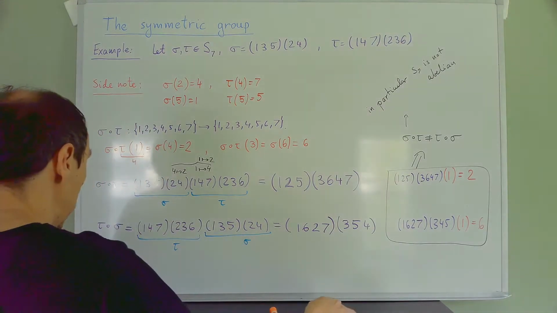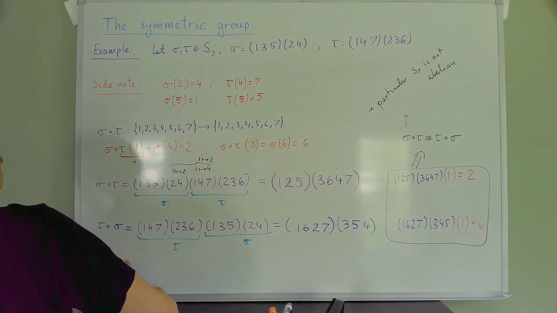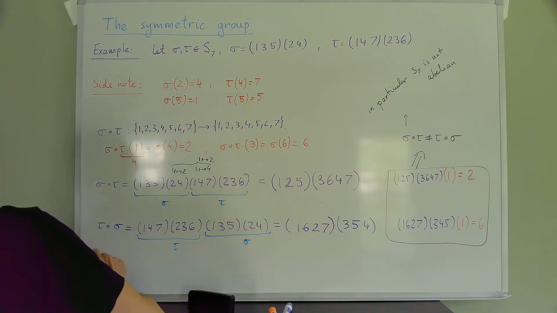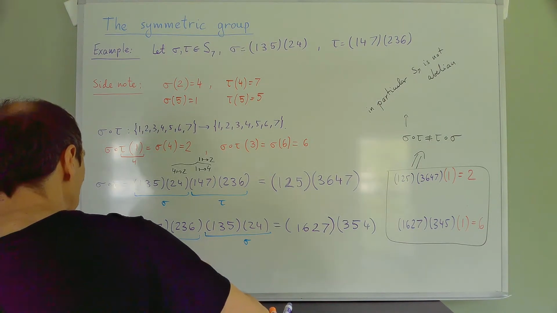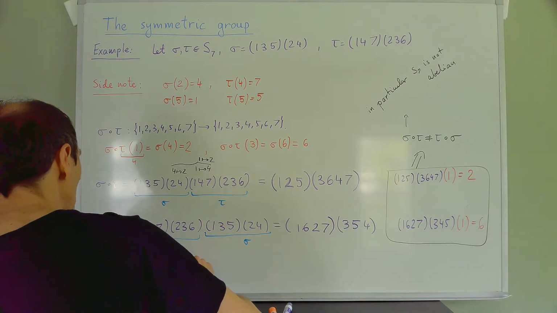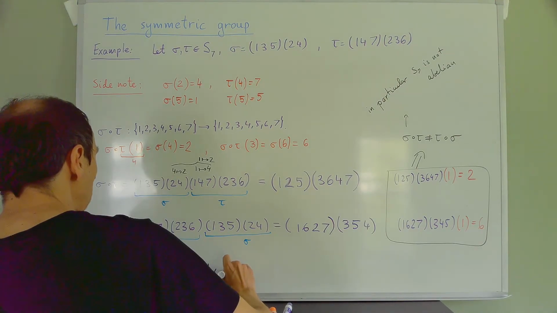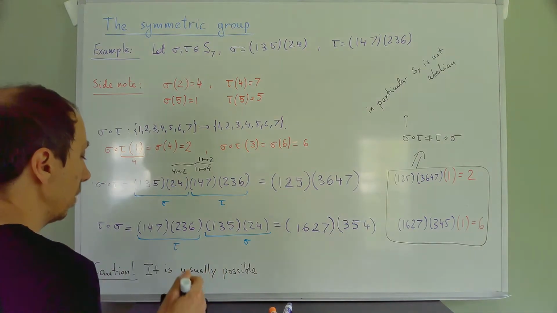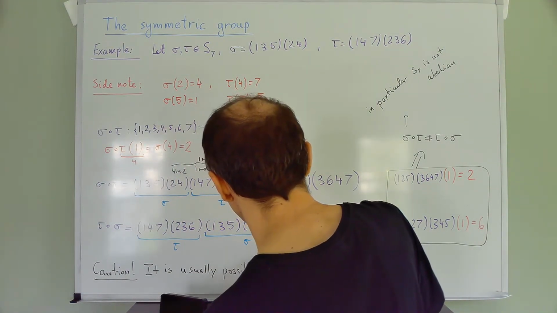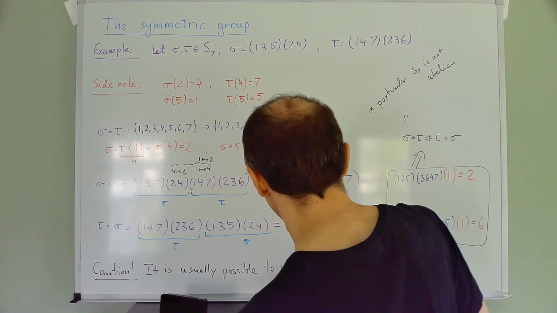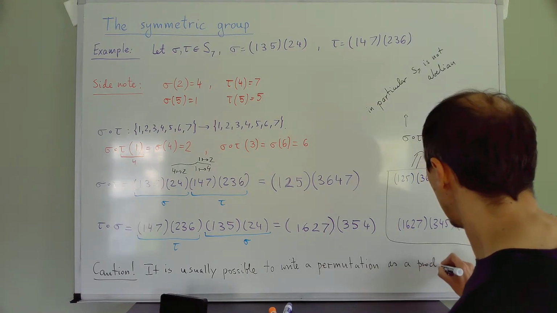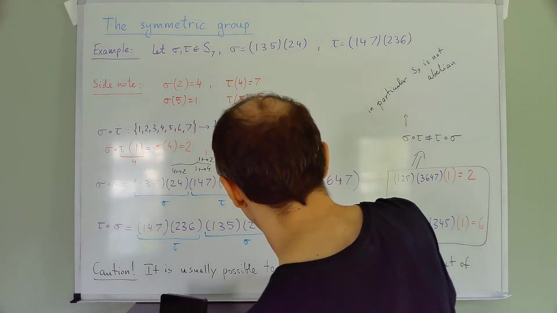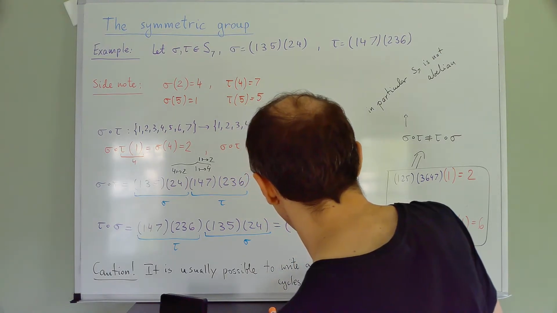So let's just write this down here. Note, or caution: it is usually possible, I mean, except for trivial examples, it's always possible, to write a permutation as a product of cycles in more than one way.